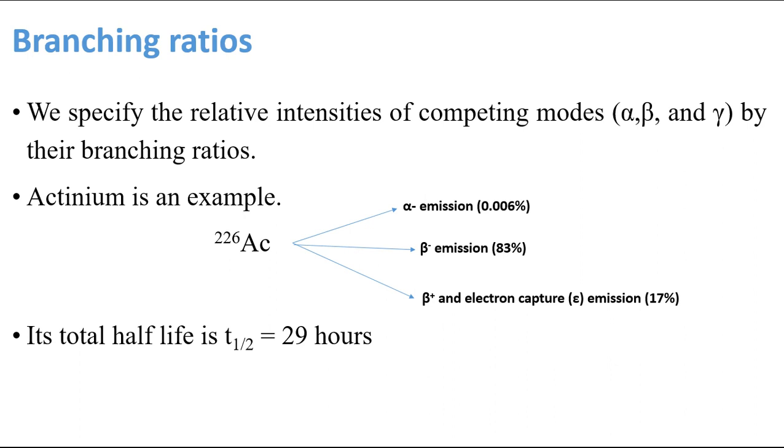So actinium is an example in which we have more than one decay process, and we have to find the partial decay constants for such a sample. In this lecture we will find how we can calculate the partial half-lives and partial decay constants for this sample. Its total half-life is 29 hours.